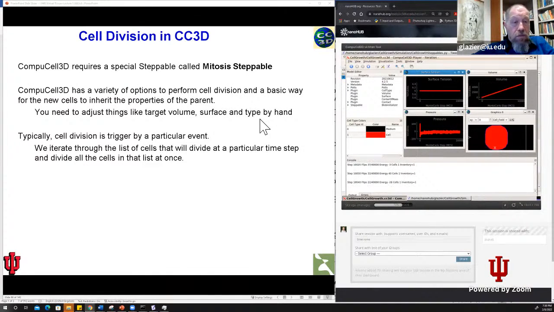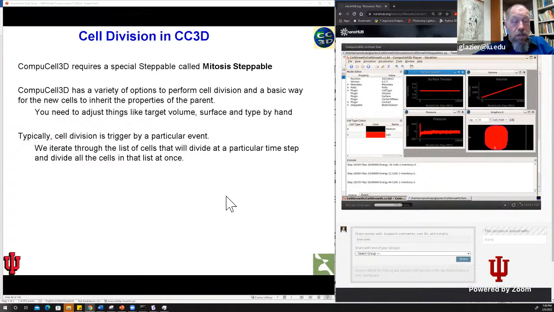We've been dealing with the annoyance of the growth steppable. Now we have to deal with another minor annoyance, which is that to do cell division in CompuCell, we have to use a special kind of steppable, and that steppable is called a mitosis steppable.